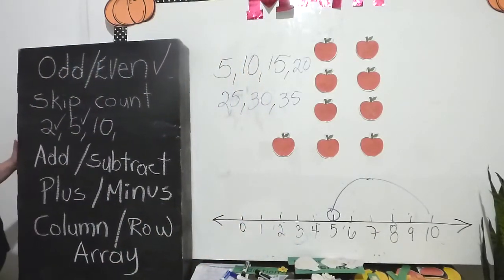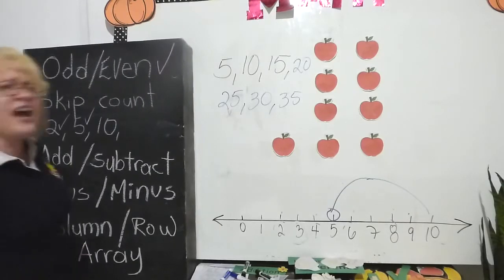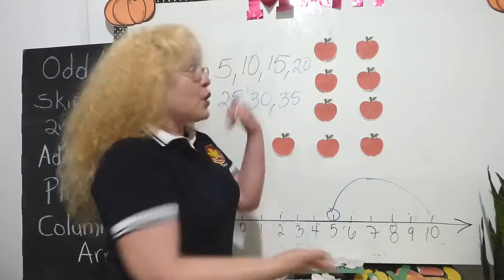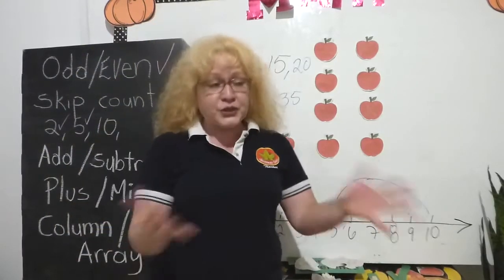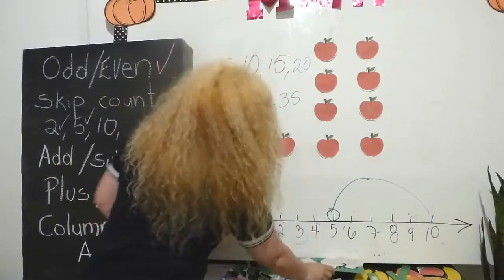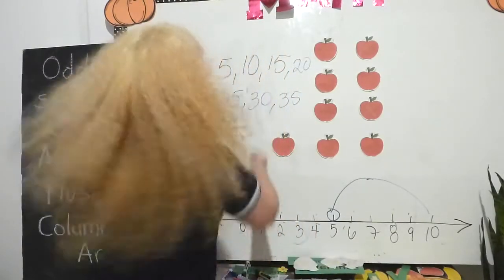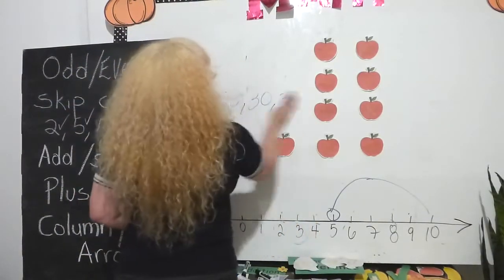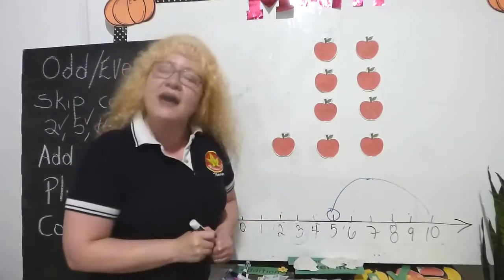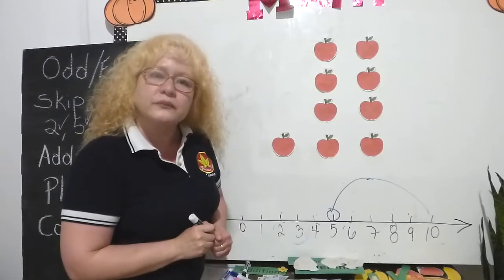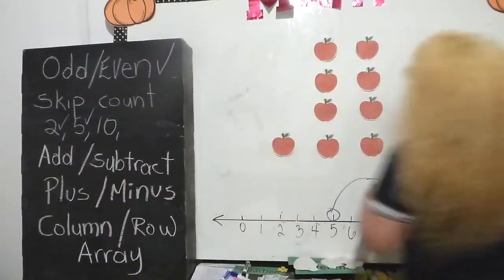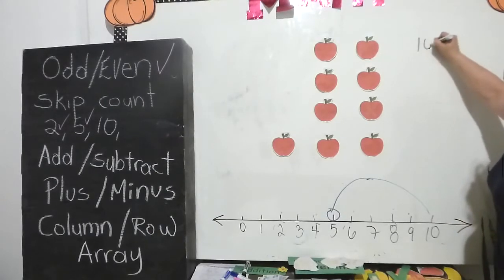And then skip count by 10. That's super easy, right? Because if you know the numbers from 1 to 100, you know that you have to start with 10.